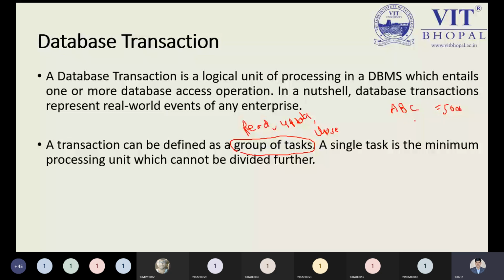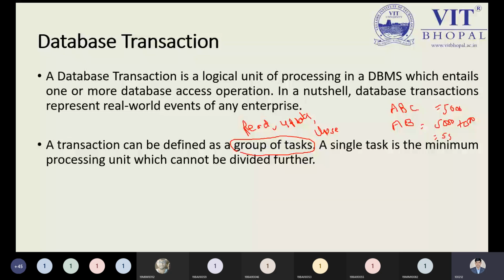When I need to update some amount, how can I update? There could be two different options: maybe I can withdraw or deposit. Suppose I have deposited some amount to my account, so I have updated my account balance. The account balance, written here as AB, will be updated to 5,000 plus 500 rupees. Suppose I'm depositing 500 rupees.